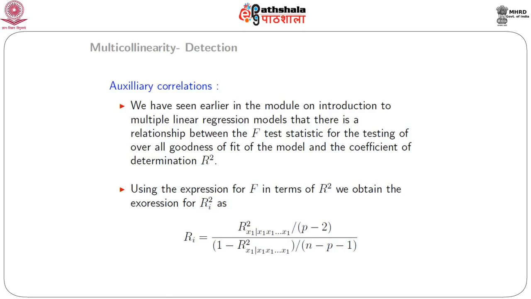The expression would look like Fi equals R square x1 given x2, x3, ..., xp divided by p minus 2, divided by 1 minus R square x1 given x2, x3, ..., xp divided by n minus p minus 1, where R square x1 given x2, x3, ..., xp is the R square from the regression model where we have regressed x1 on the rest of the predictor variables.